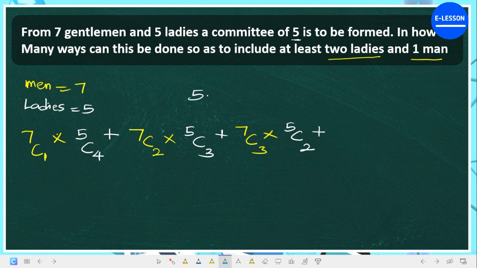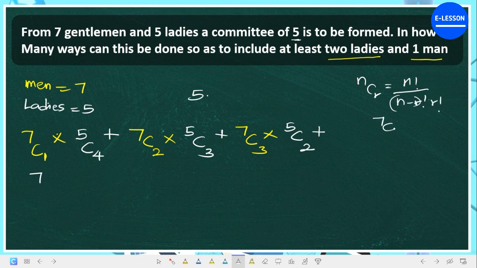We have 7 combination 1. 7 combination 1 is 7 shift combination 1. Now, when you're talking about combination, if you have n combination r, it means n factorial all over n minus r factorial, r factorial.